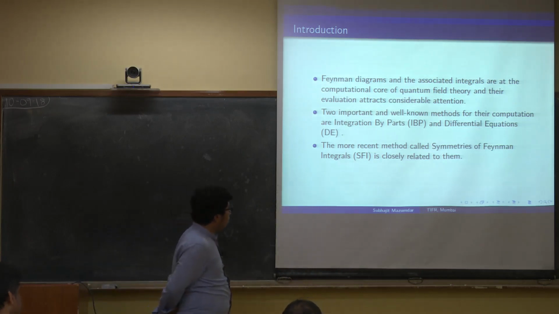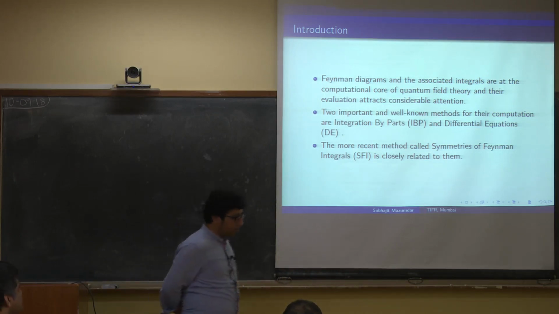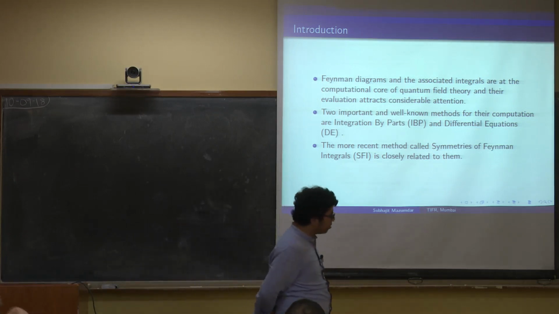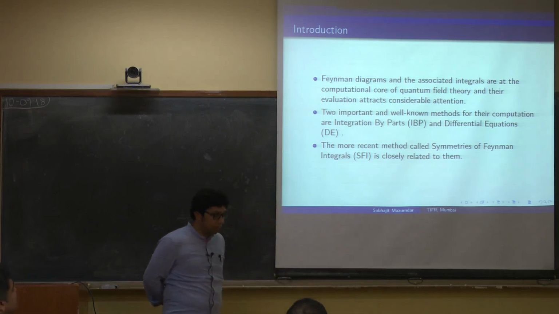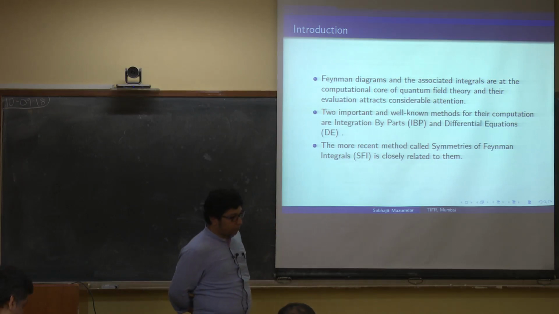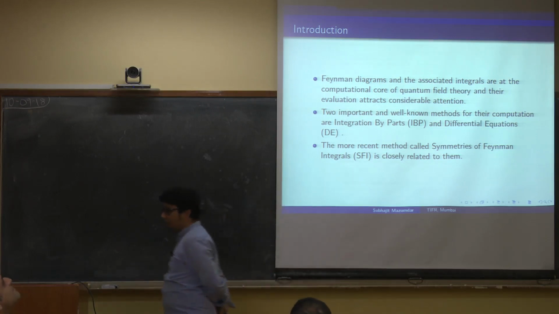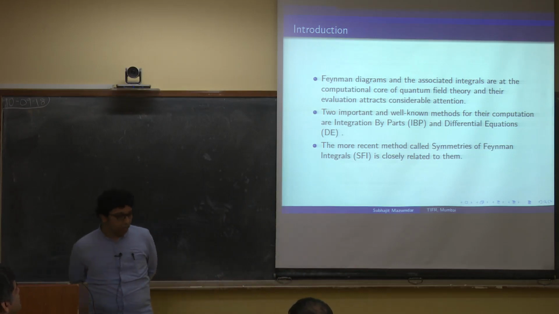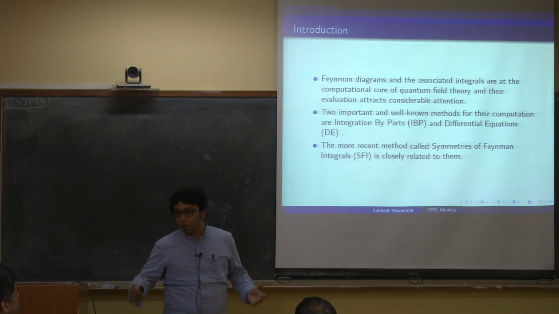Barack Cole some years before devised a new method which is closely related to these two older methods, called the symmetries of Feynman diagrams, which exposes a novel symmetry group associated with a Feynman integral which acts on its parameter space and foliates it into different group orbits.